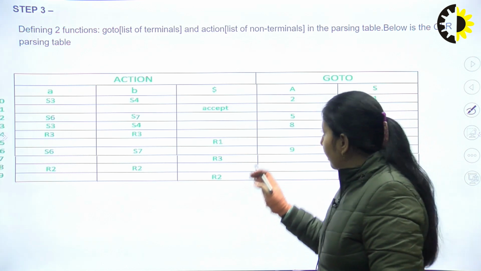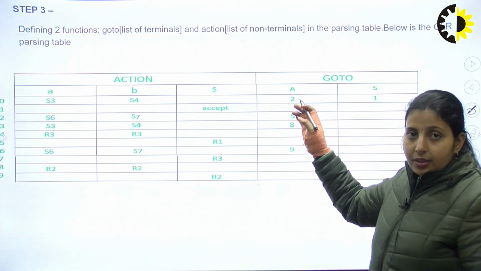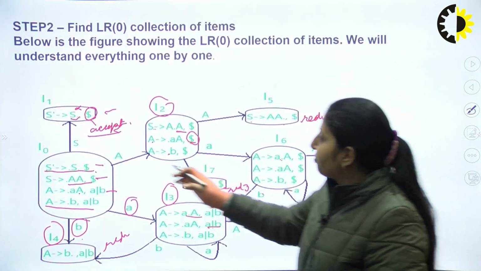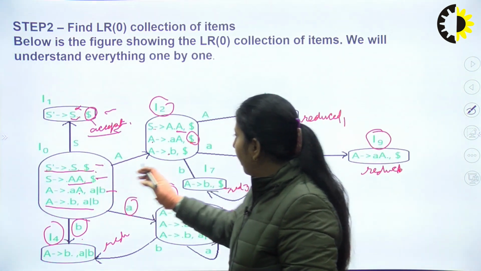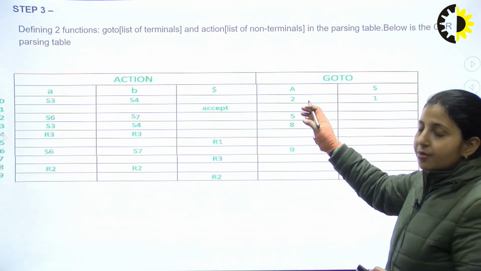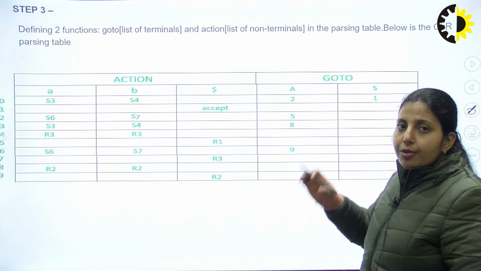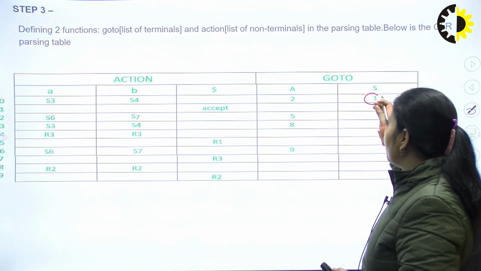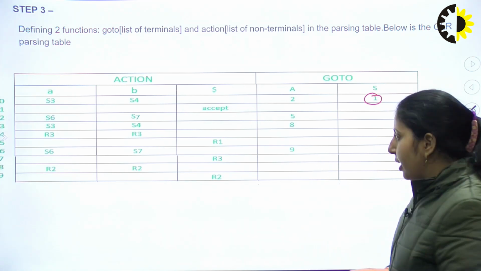And for capital A, we have moved from I0 to I2, so we write the goto, meaning from which state to which state, that is 2. And for S we have goto state 1.